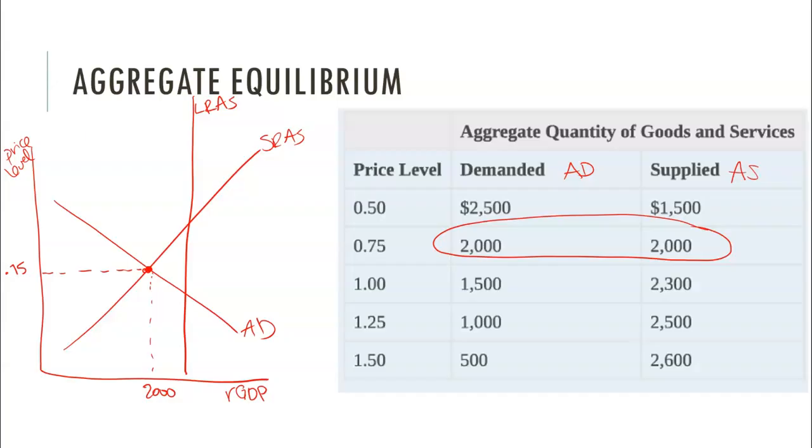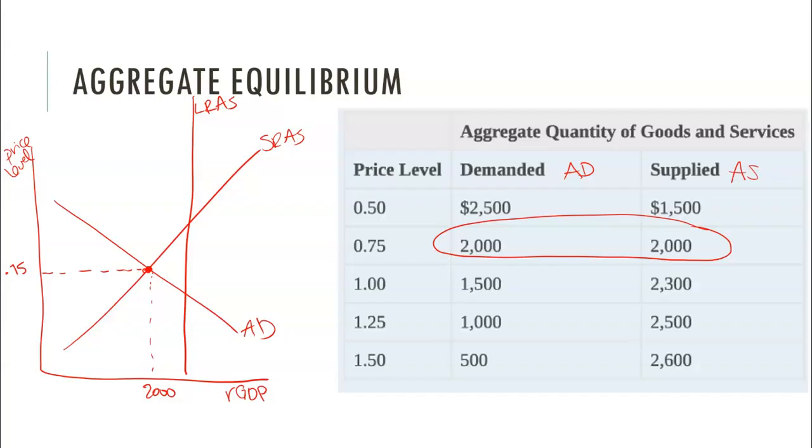So at a price level of 0.75, we get aggregate demand of 2,000 and aggregate supply of 2,000. Price level of 0.5, we have demand of 2,500, supply of 1,500. Or price of 1.5, we have demand of 500, supply of 2,600. And so our equilibrium is going to be the point where these two things agree.